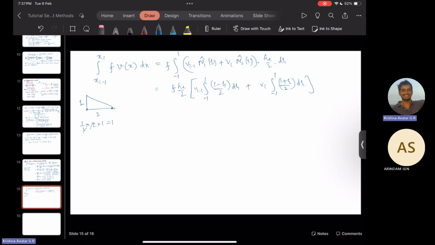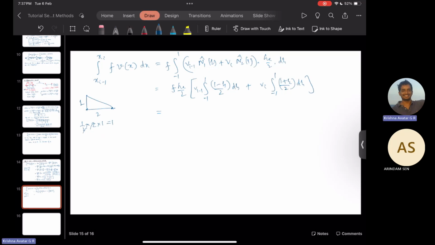This is 1, and we can even verify that that's how it should be. So the integral is z by 2 minus z squared by 4, from minus 1 to 1. This is an even function, so we'll be left with 1 plus 1 by 2, and we clearly see that it's equal to 1, right?